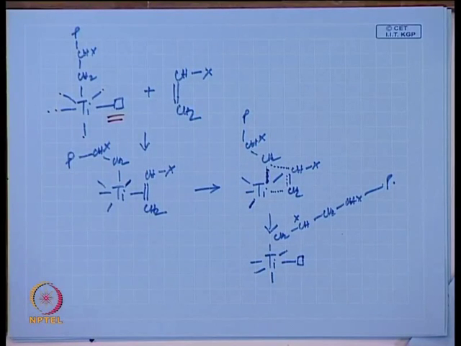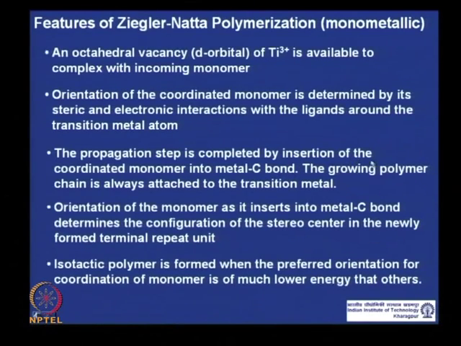The propagation step is completed by insertion of the coordinated monomer in the transition metal carbon bond, as we discussed just now, and the growing polymer chain is always attached to the transition metal.